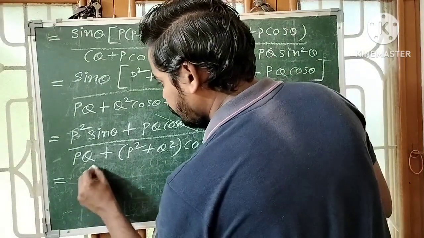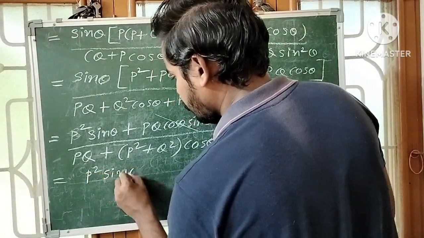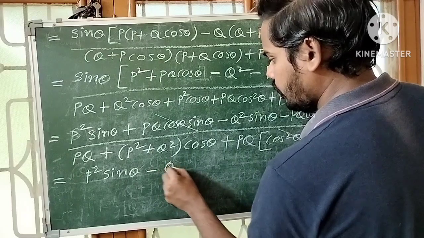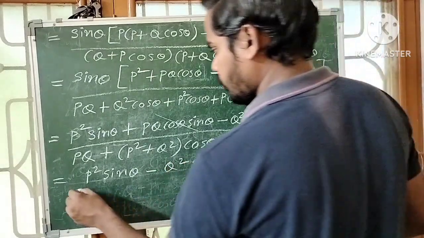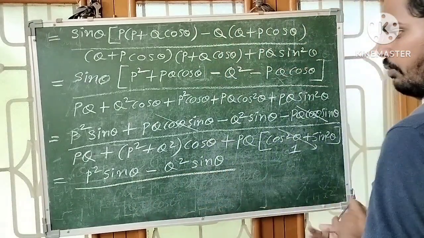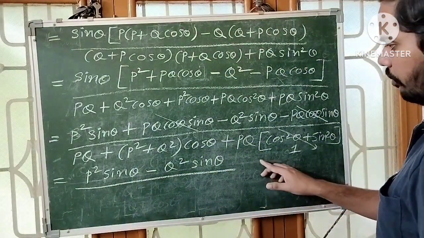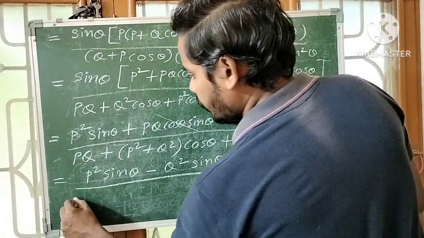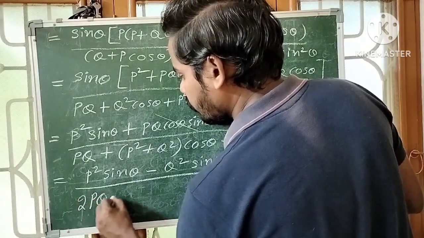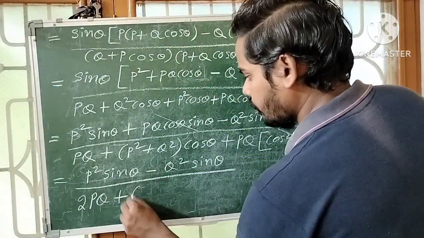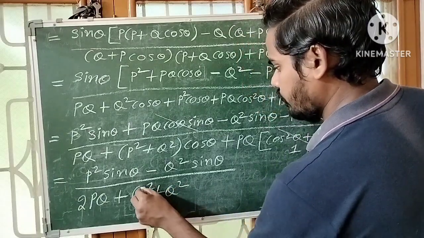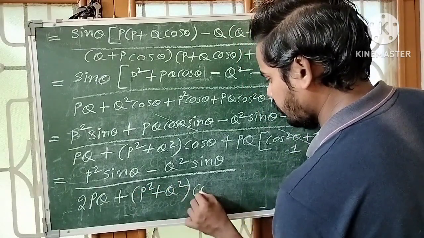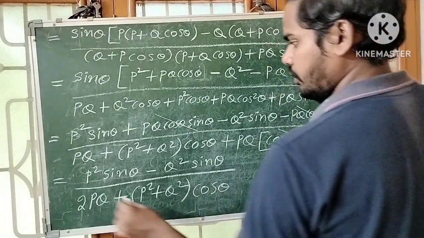So the final expression is p square sin theta minus q square sin theta, whole divided by 2pq plus p square plus q square into cos theta.